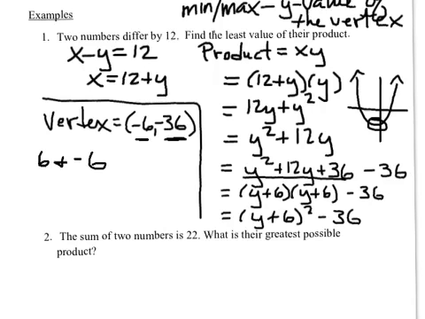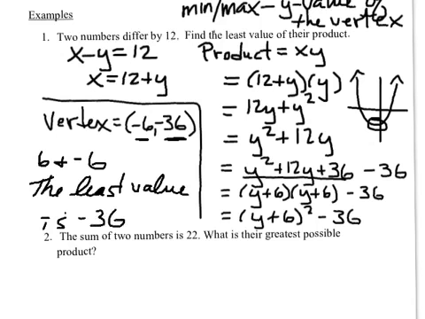They differ by 12, and the least value of their product is negative 36. There aren't any other two numbers that differ by 12 with a smaller product than negative 36. You can try that with, say, 7 and 19, or negative 5 and negative 7. Negative 36 is the smallest product.